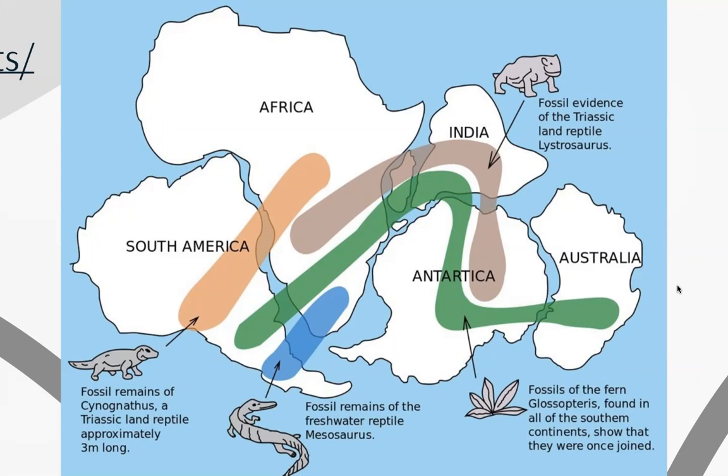Africa, India, and Antarctica share common fossils. All of these Gondwana continents also have fossils of other things like Glossopteris. Australia and South Africa have very similar plants. The Waratah, and I can't remember the name, but there's a South African plant that is genetically almost identical to the Waratah.